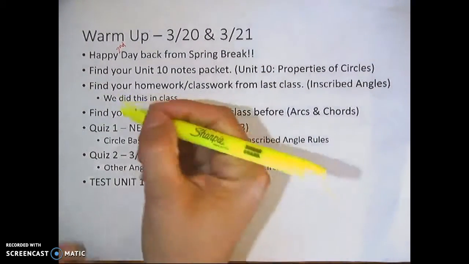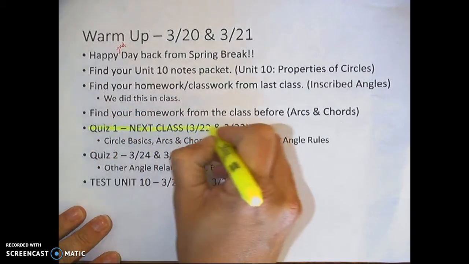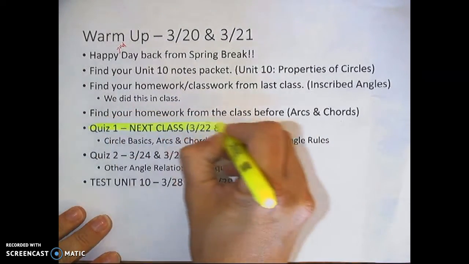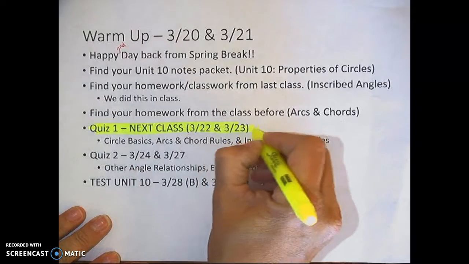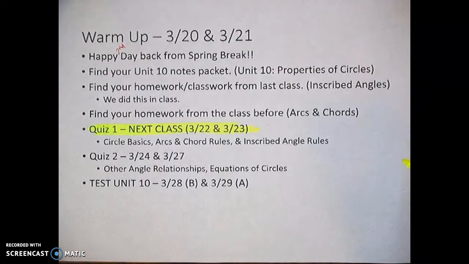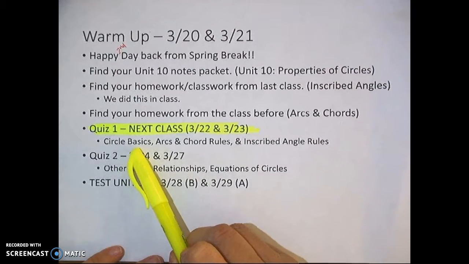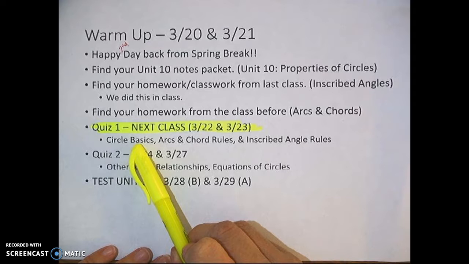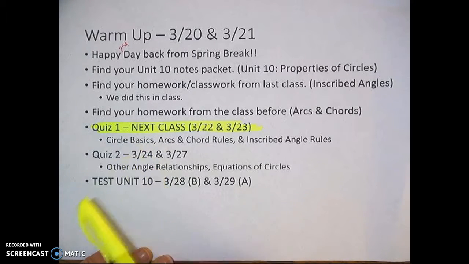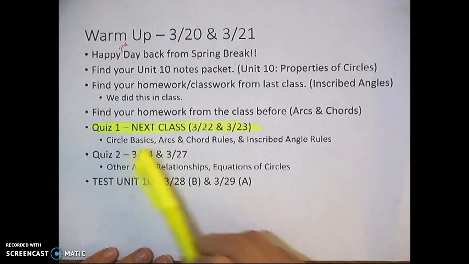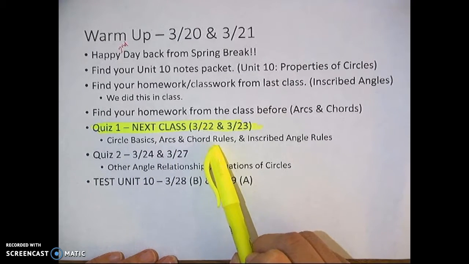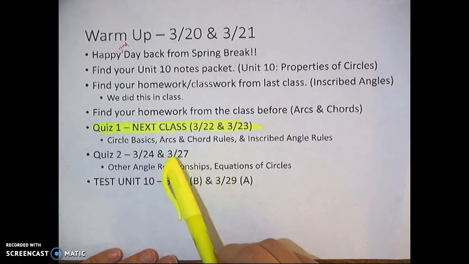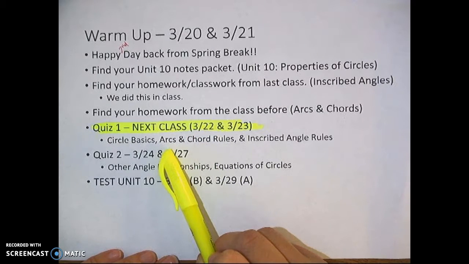Important note that you need to make is that we are going to have a quiz next class. This quiz will be on everything we've done up until this point. So the new stuff that you will learn today will not be on the quiz, but your circle basics, that is where we basically talked about defining different terms like a tangent, a secant, a chord, a diameter, radius, all of that stuff. The arcs and chords rules, we had a whole section on arcs and chords where we found the measurement of different arcs.